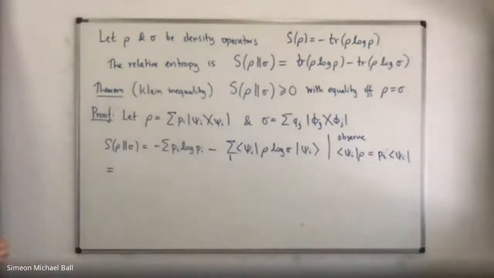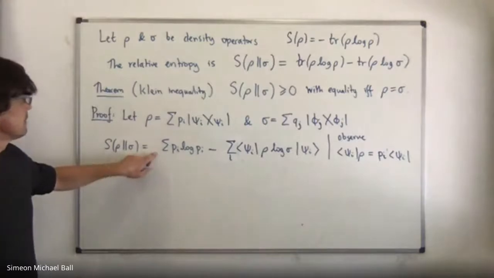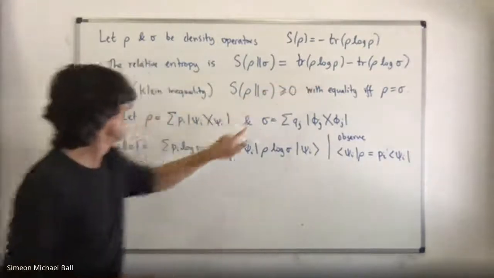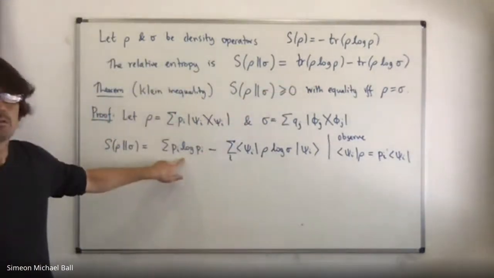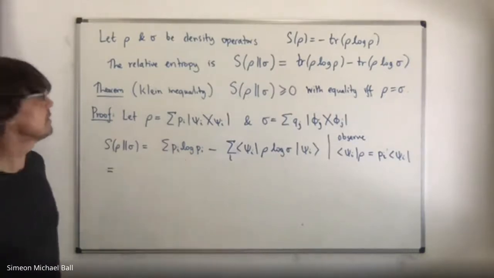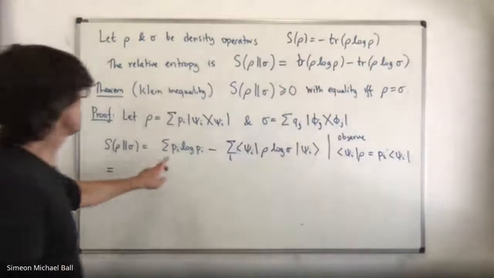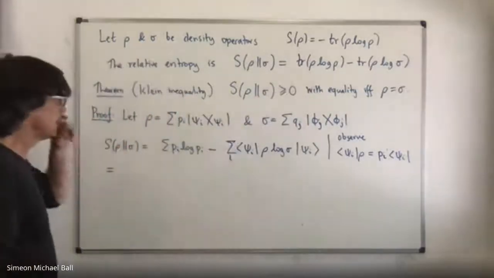Well, if you calculate this, you get this. You might go back and check whatever I wrote before, but it should have had a minus sign at the front. So far, this trace is equal to this.